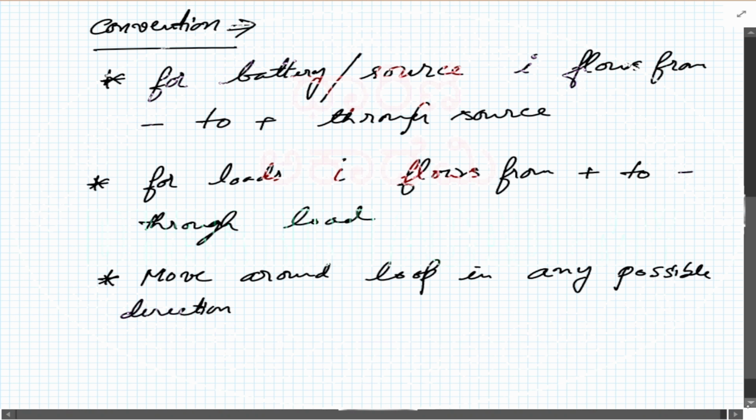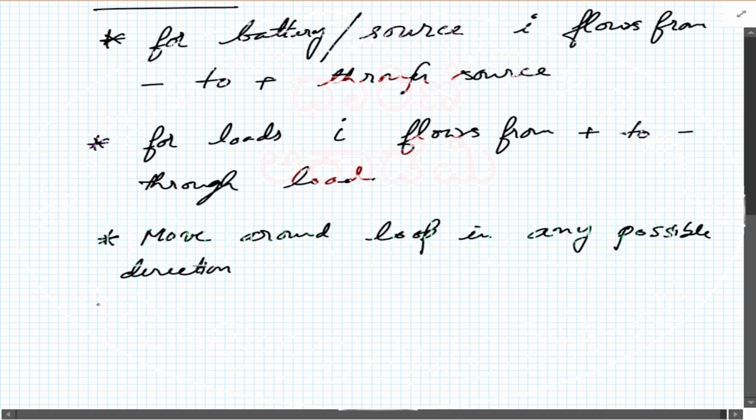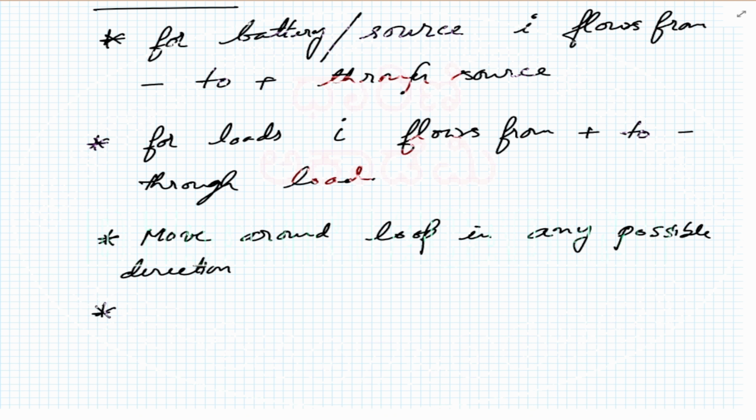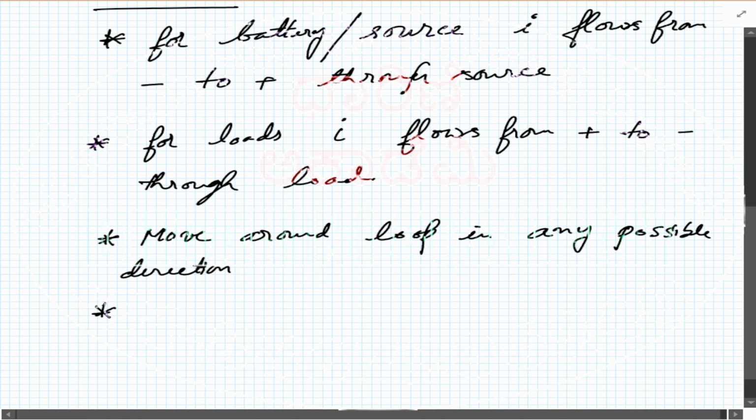Once this is done, I just have to check only one thing, whether a voltage is positive or negative, because I need algebraic addition, not a simple addition. To perform algebraic addition, I have to identify plus or minus. For identifying the plus or minus of a voltage, I am using a convention. That's what we are discussing now.